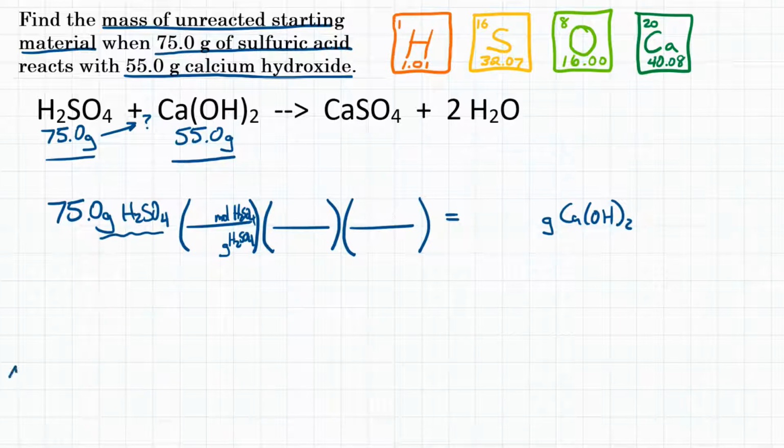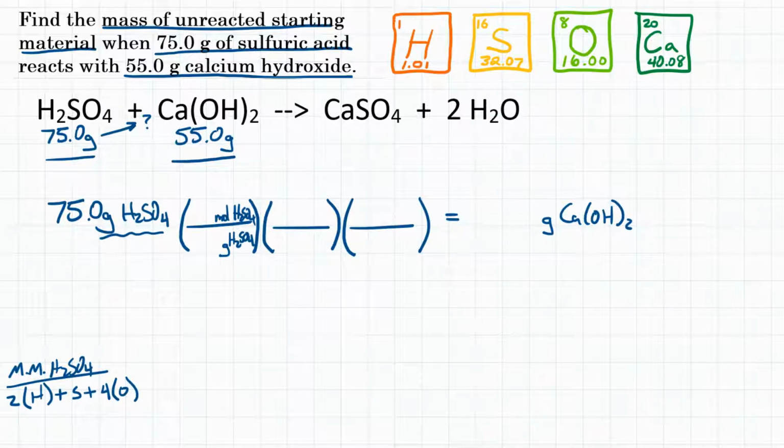To calculate the molar mass of H2SO4, we're going to multiply 2 times the molar mass of hydrogen, because it's H2, plus 1 sulfur, plus 4 times the molar mass of oxygen.